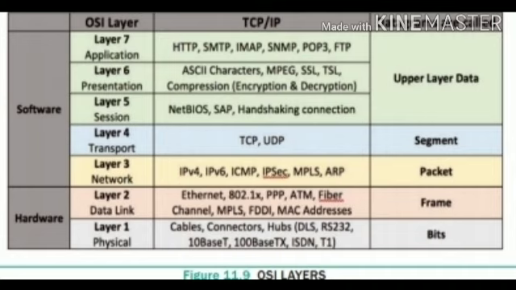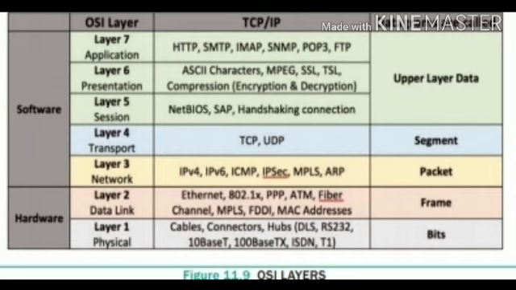The network layer handles the path of the data packets. The transport layer is mainly used for successful transportation of data, which includes error checking operations.